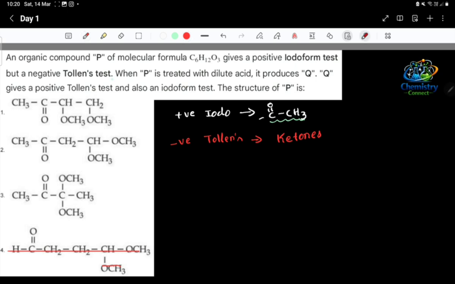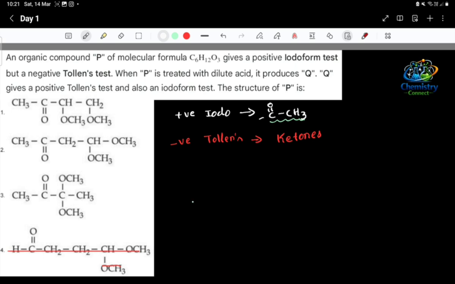Next, when P is treated with dilute acid, it gives Q. One concept we have studied under aldehydes, ketones and carboxylic acids should strike your mind: acetal or ketal. This is very important.